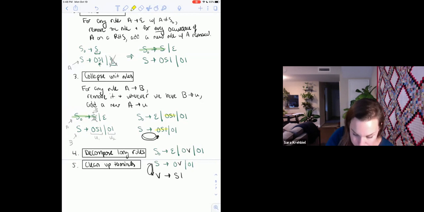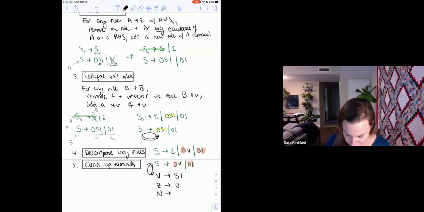The problem left now is that I have these interspersed terminals. On the right, I have two terminals next to each other. On the left, I have one terminal and one variable. I'm not allowed to have mixed terminals and variables. So what I'm going to do is create single variables where the only thing they do is turn into terminals. I'll create a new variable, I'll call it Z for 0, that can turn into 0, which is allowed in Chomsky normal form.